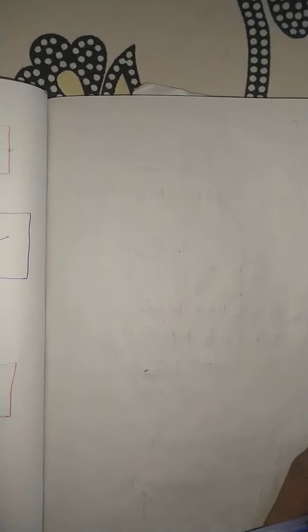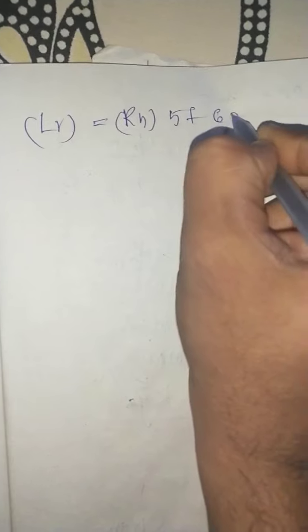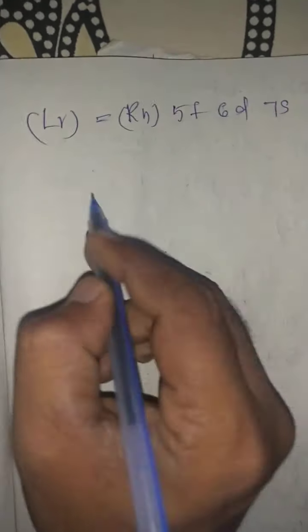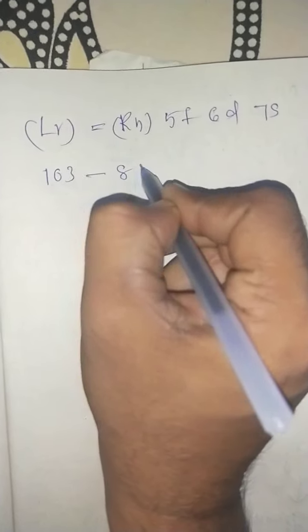Okay students, one more example, lawrencium. See carefully. What is the general electronic configuration? Radon 5f 6d 7s. So lawrencium 103 minus 86.